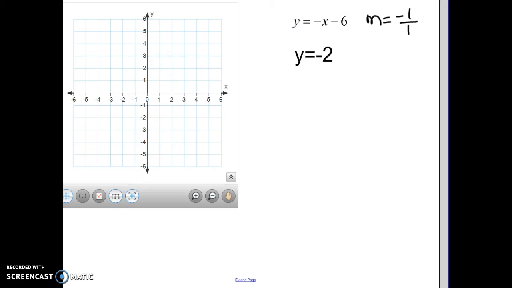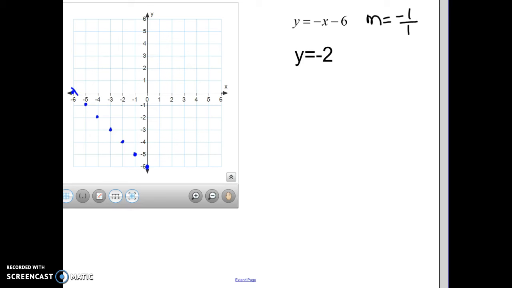On my next practice problem, I have my first equation, y equals -x minus 6. I have a y-intercept at -6 and another slope of -1. So I'm going to go up 1 and left 1 for that -1, and do that a few times just to help me draw a nice, accurate line.